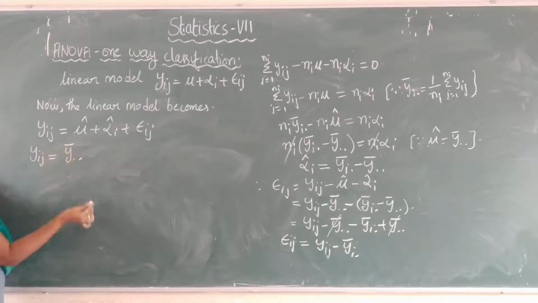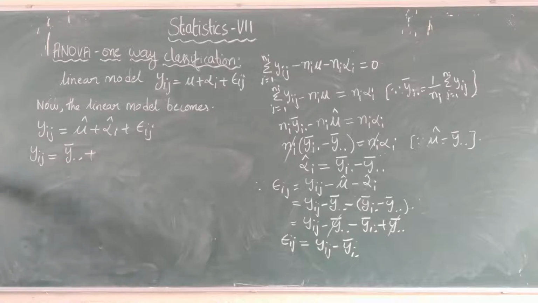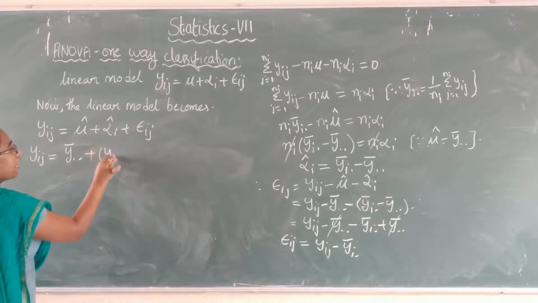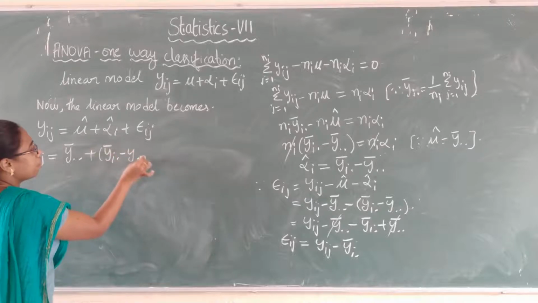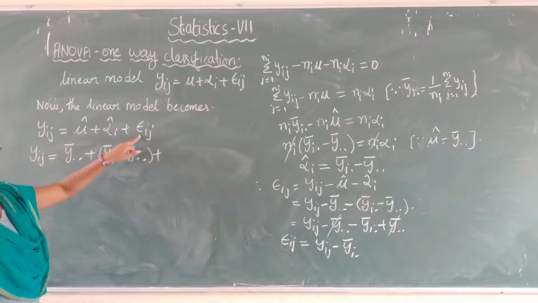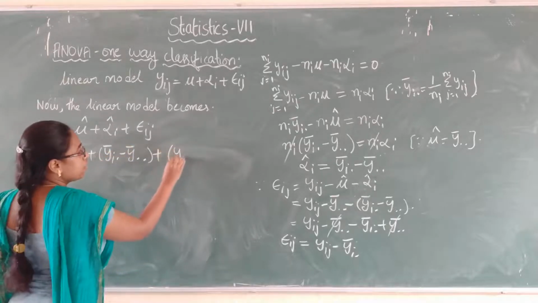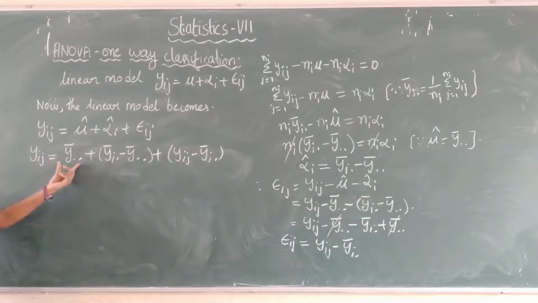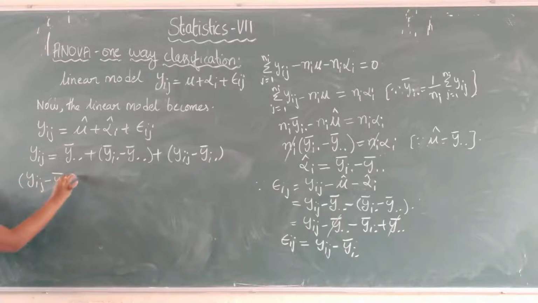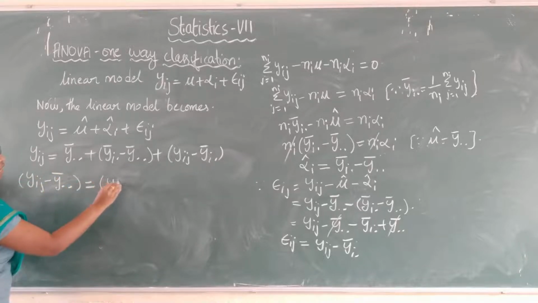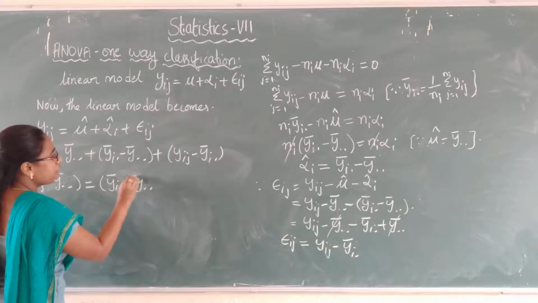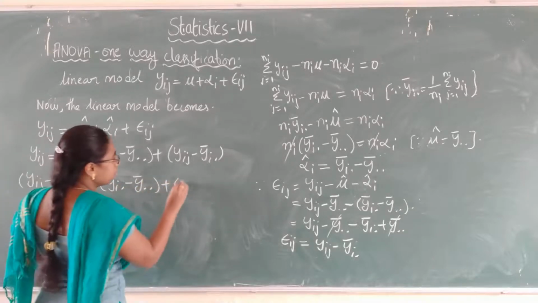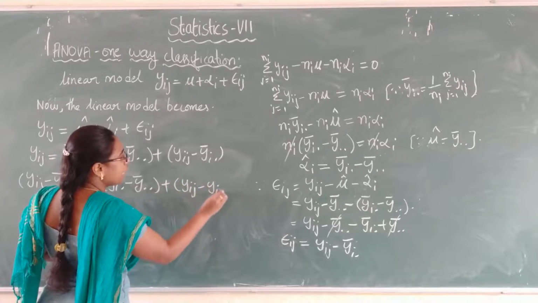Y double dot bar, plus the alpha i value we got as yi dot bar minus y double dot bar, plus the epsilon ij value we got as yij minus yi dot bar. So Yij equals yi dot bar minus y double dot bar plus yij minus yi dot bar.